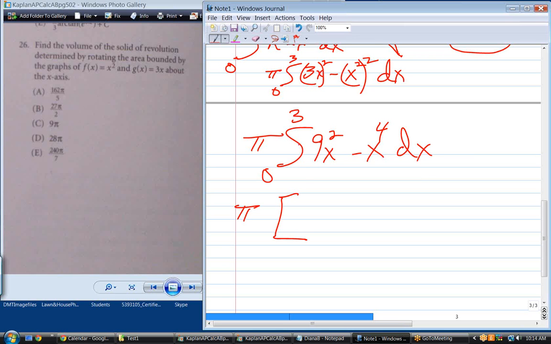Our first step is to get rid of the integral sign. So that would be 3x cubed for that part, minus 1/5 x to the 5th. Plus c. Wait, no, not plus c, because it's a definite integral. No plus c.